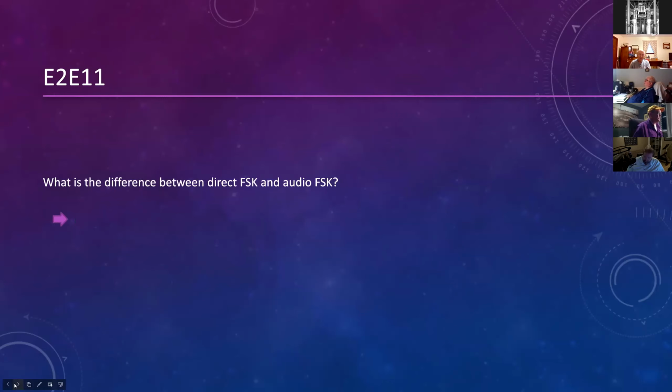What is the difference between direct FSK and audio FSK? Direct FSK applies the data signal to the transmitter VFO, while AFSK transmits tones via phone. Now, let me say on this one, it's the only one of the four answers that mentions direct FSK and AFSK in the response. So look for the one that actually spells out both of them.